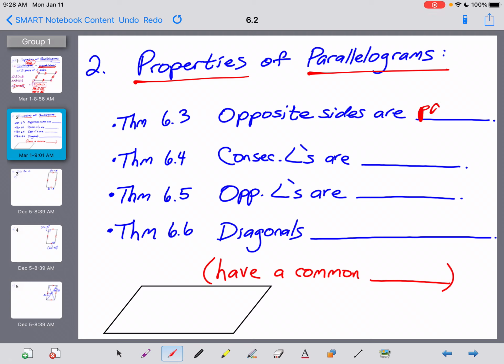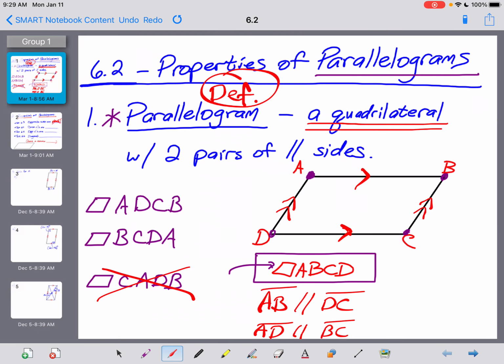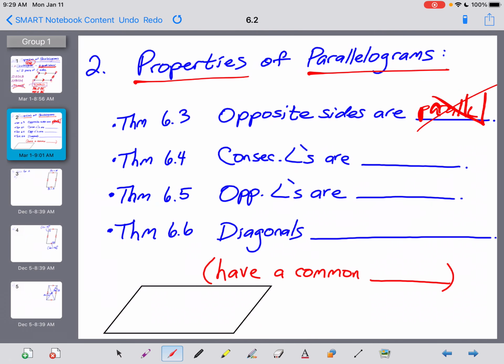It is true that opposite sides in a parallelogram are parallel, but we don't need to write that because we already knew it from the definition of the parallelogram that we wrote down before. So the fact that we knew this figure was a parallelogram told us already that the opposite sides were parallel. But this theorem right here tells us something different now, that the opposite sides in a parallelogram are congruent.